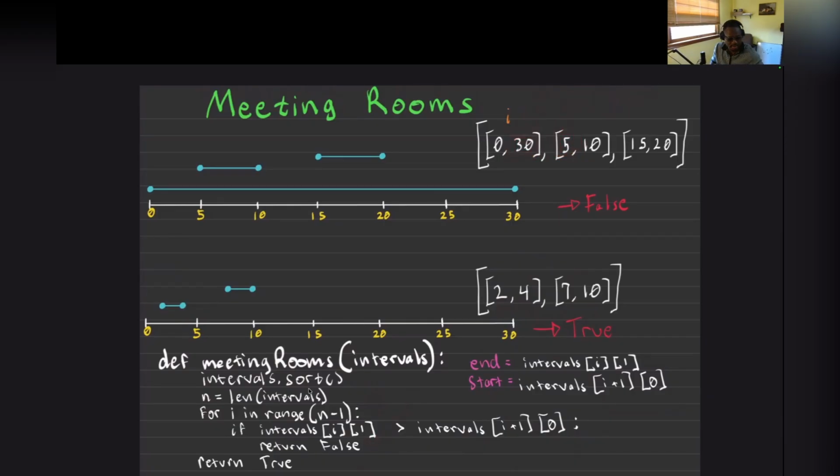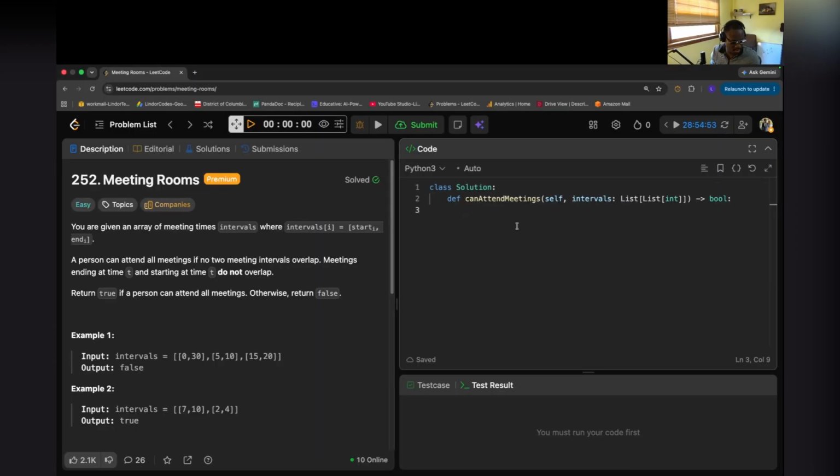Okay, let's go over to LeetCode and let's code up our solution. First and foremost, you have to sort the intervals, which gives us n log n time, okay? And then let's get the length of intervals inside of an n variable. So for i in range n minus 1, so we can peek ahead, right?